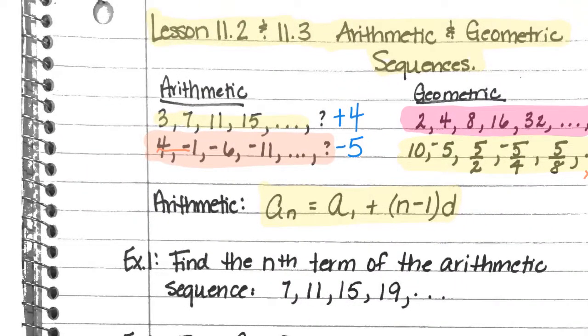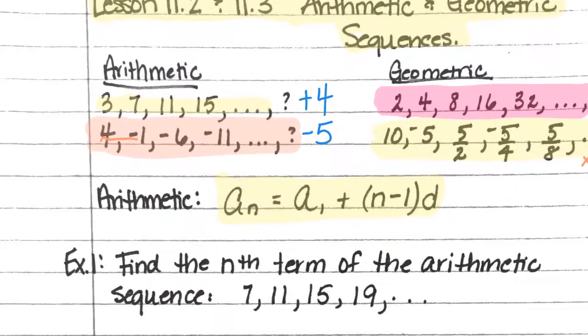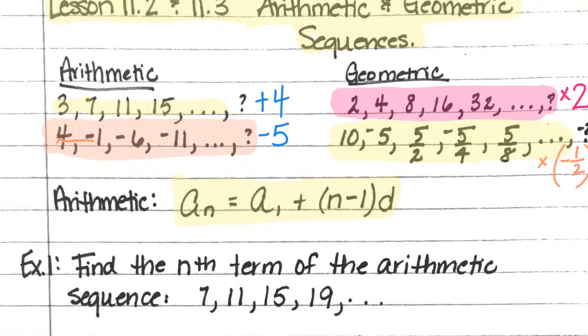So let's look at example 1. Example 1 says, find the nth term of the arithmetic sequence. So we don't know a sub n. We do know the first term is 7. We don't know the nth at all. And if I look here, everything looks like it's just going up by 4, up by 4, up by 4.